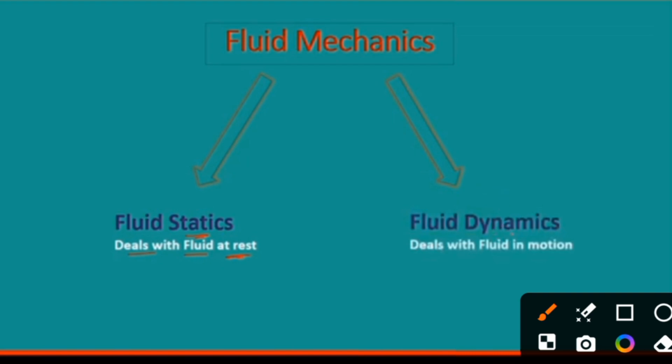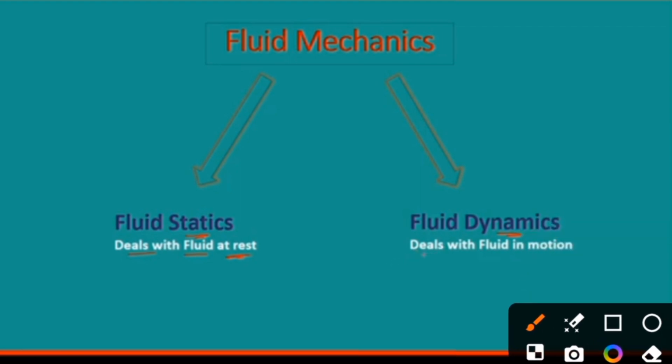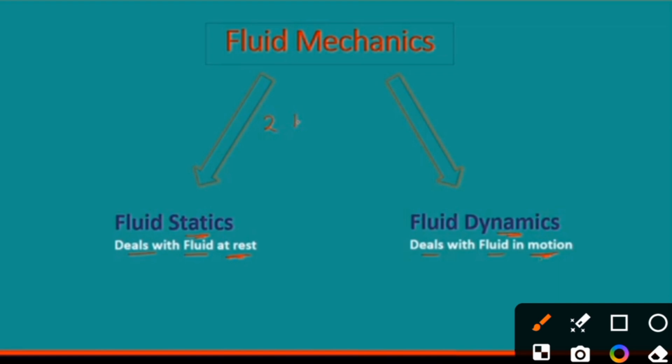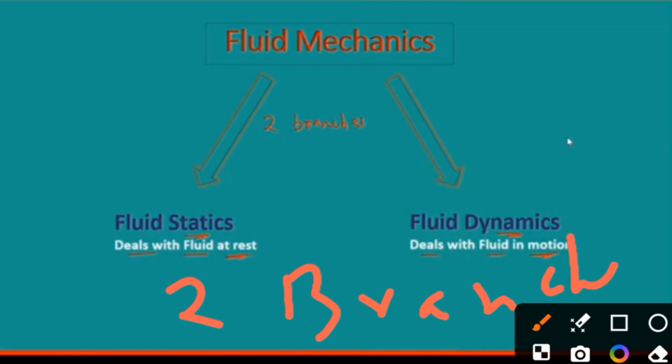And as you can easily interpret by its name itself, it deals with the fluid in motion. So these are the two branches of fluid mechanics science. Let us discuss what is fluid statics, what is fluid dynamics, and what are their applications, especially in the field of pharmacy.